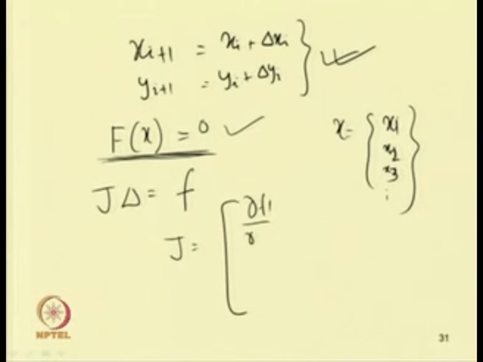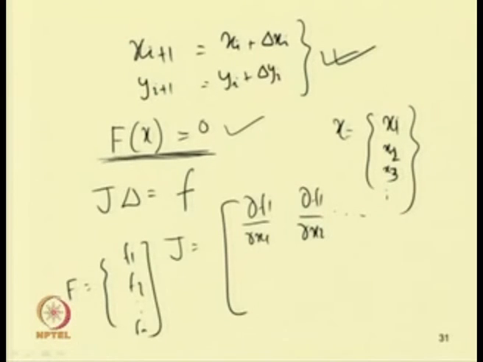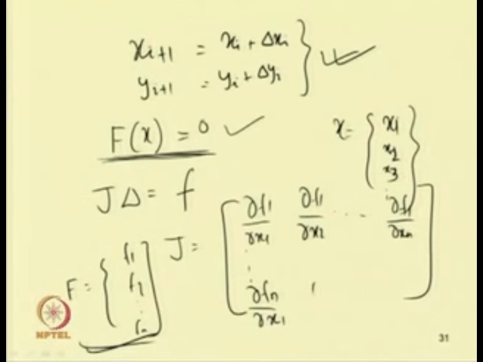So, f is nothing but f1, f2, fn. If f equals f1, f2, fn, then this Jacobian matrix can be found in this way, that is del f1 by del x1, del f1 by del x2 and del f1 by del xn, and proceeding similarly, we have del fn by del x1, del fn by del x2 and finally del fn by del xn.